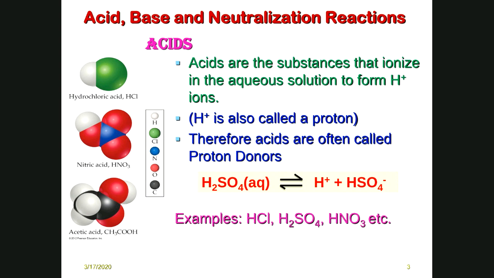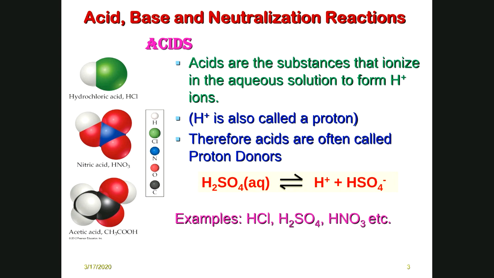You know that in the whole periodic table, there is only one element which does not normally have a neutron. That is hydrogen. When hydrogen loses its electron, the only thing remaining inside the hydrogen is a proton, and that's why we call it a proton. Therefore, sometimes an acid is defined as a substance which is a proton donor.